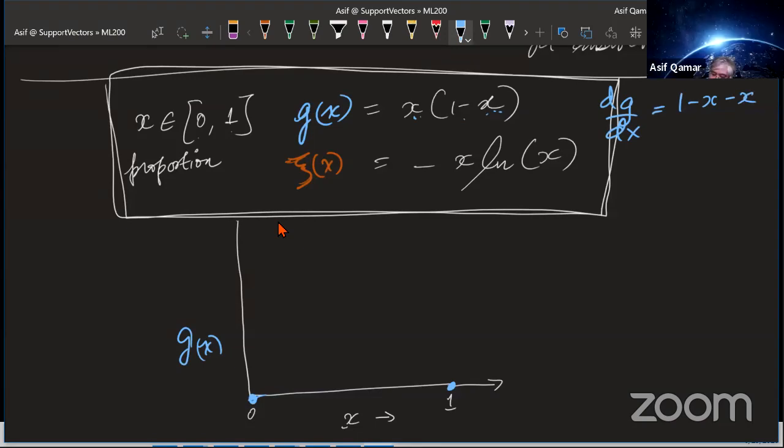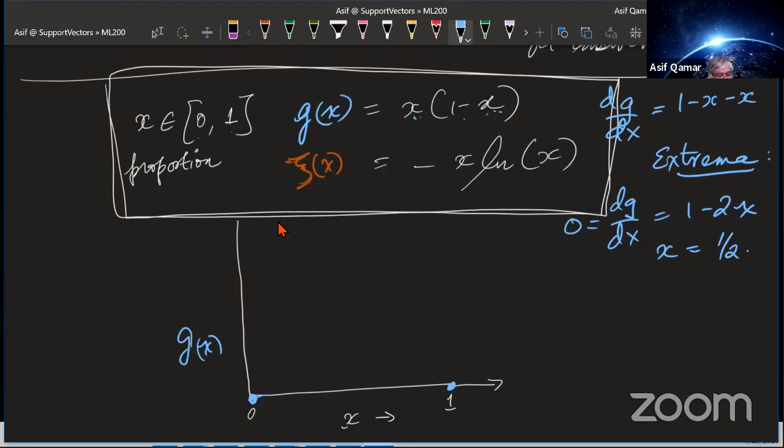If you want to find the extrema, you have to set the derivative to 0. dg/dx equal to 0 means 1 minus 2x equals 0, which implies x is equal to a half.